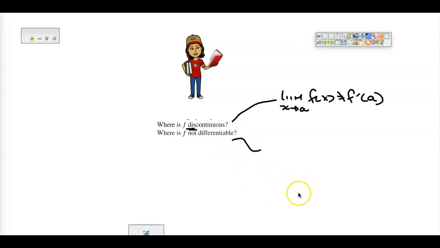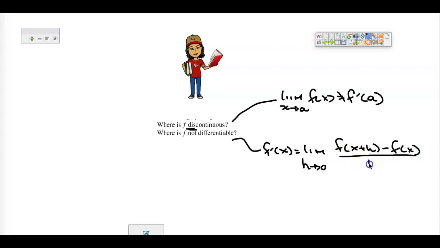And then when you're talking about not differentiable, that means that f prime of x, the limit as h approaches 0 of f of x plus h minus f of x all over h, does not exist at some value x.